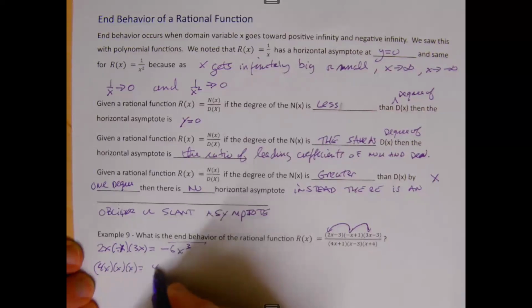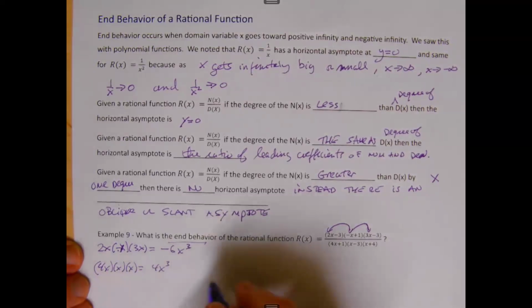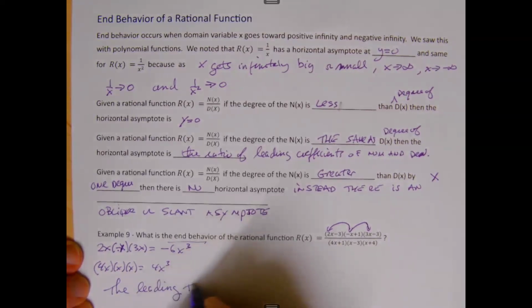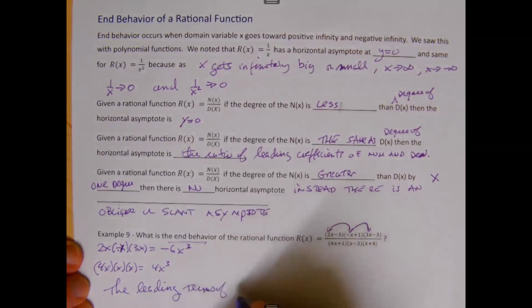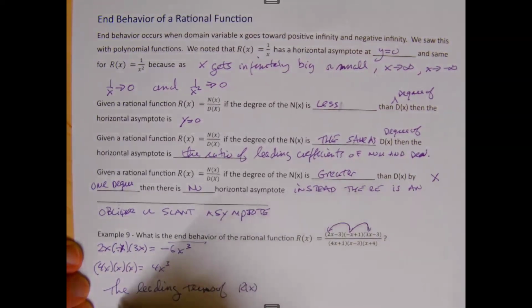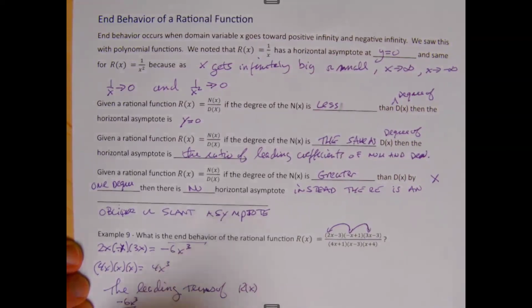So that gives me 4x cubed. So the leading terms of R(x) is this: -6x cubed over 4x cubed.